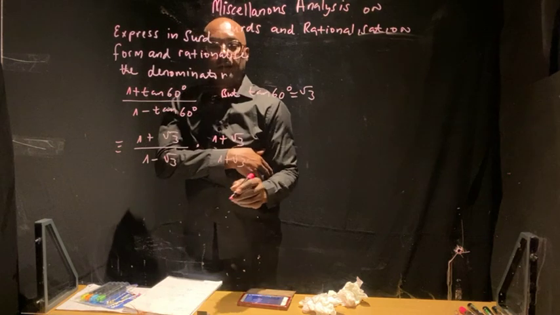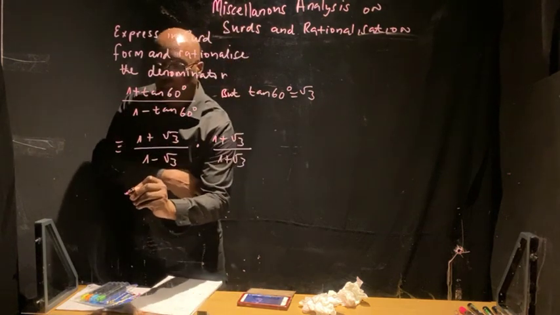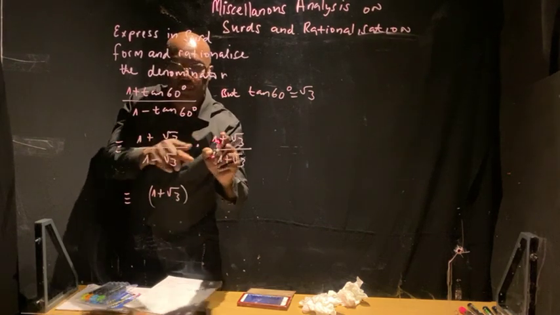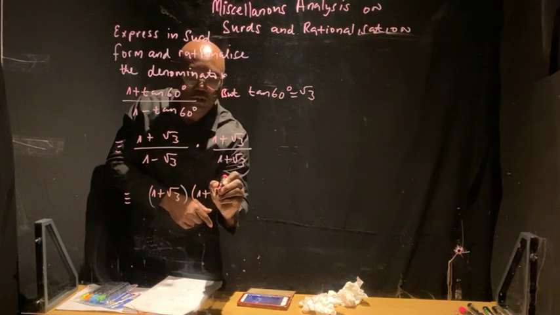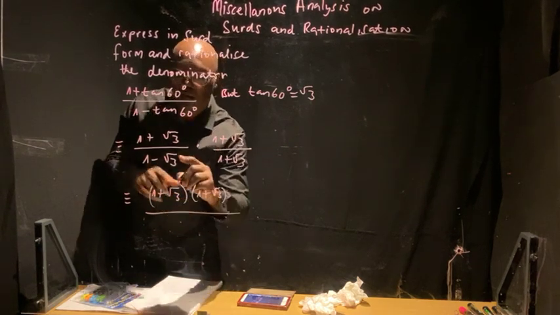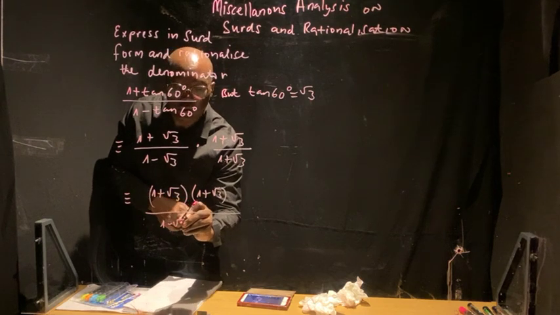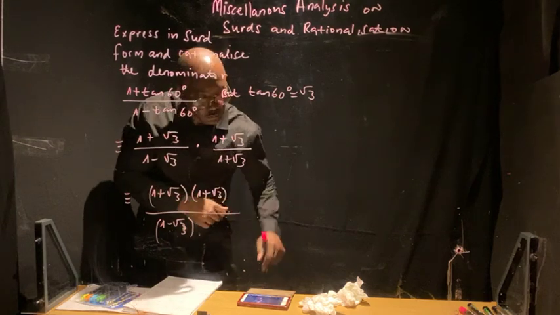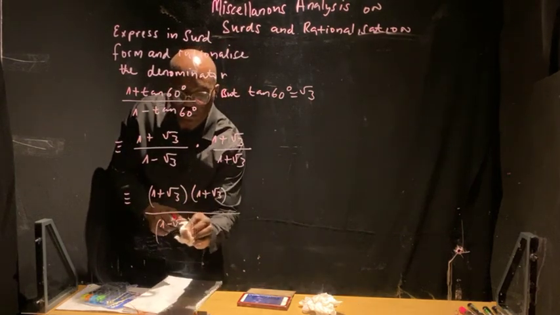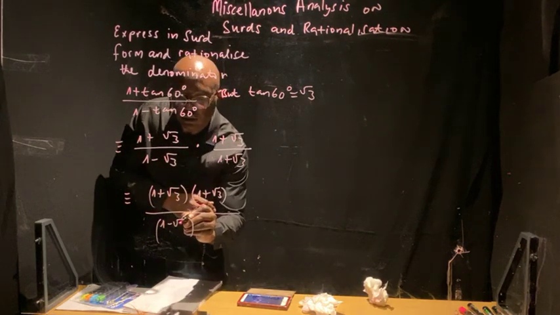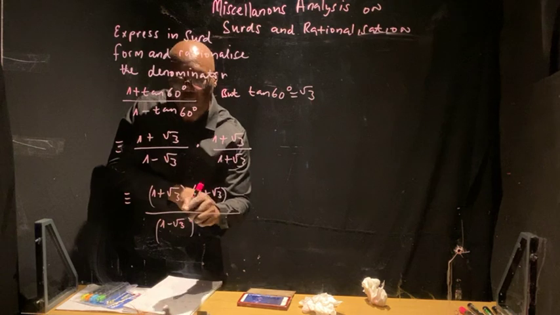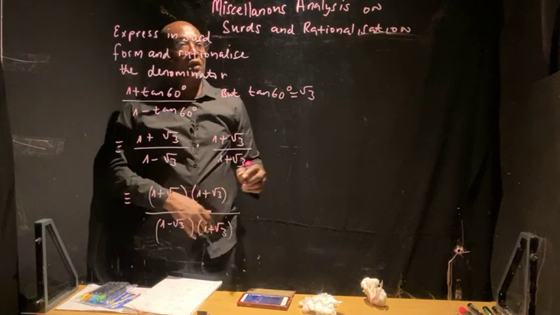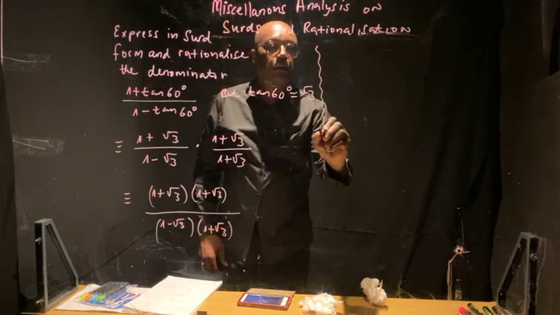Then you can see that it becomes 1 plus root 3, which is this one, being multiplied by 1 plus root 3, all over 1 minus root 3, which is this one multiplied by 1 plus root 3.